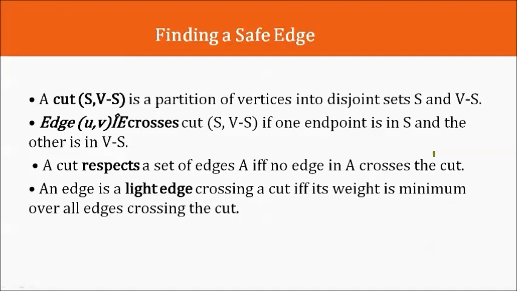An edge is a light edge crossing a cut if its weight is the minimum over all edges crossing the cut. Okay, so it's just the explanation of the previous example in the previous slide, okay?